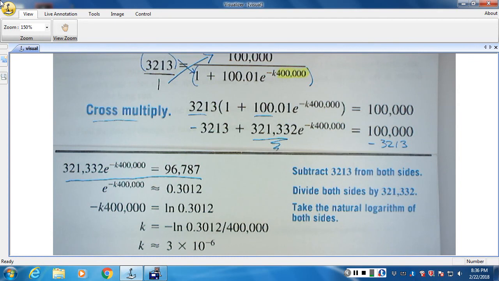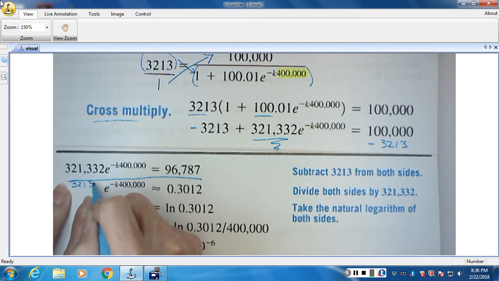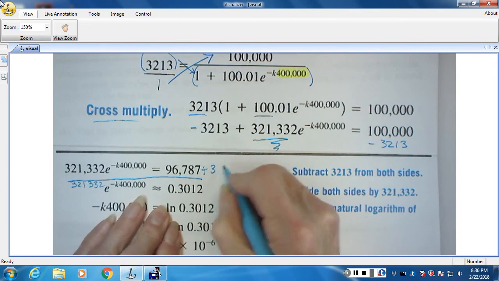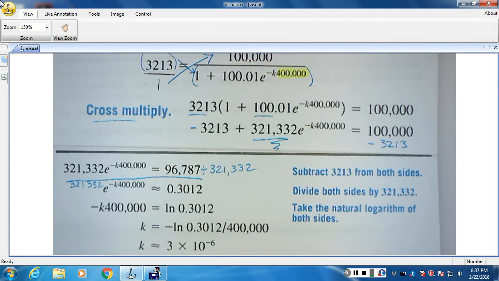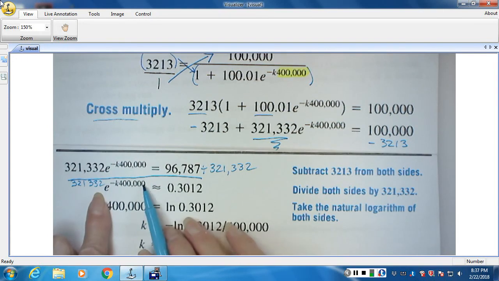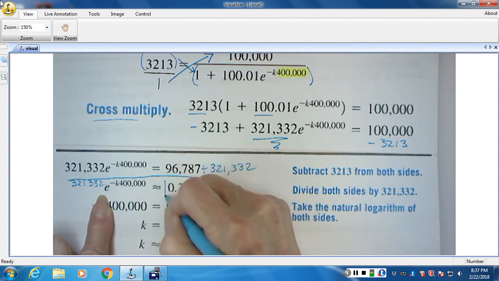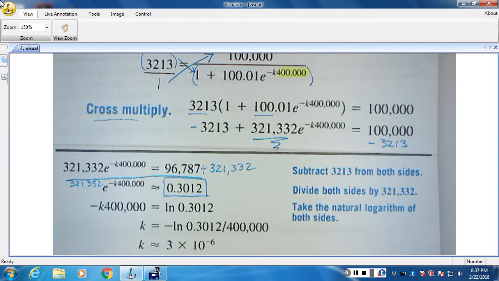And then I divided both sides by 321,332, which came from there. So what I have now is that e raised to that power, I've got it down to where all I've got is e raised to the power, is equal to approximately that much. That's all calculator. We're doing all this arithmetic on the calculator.